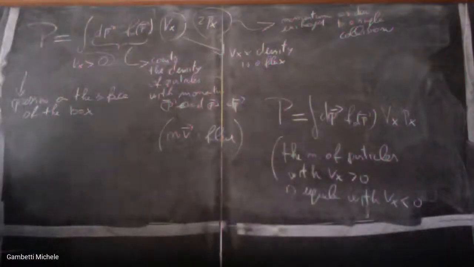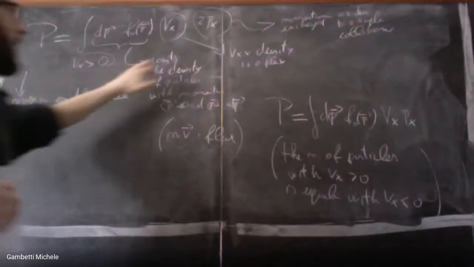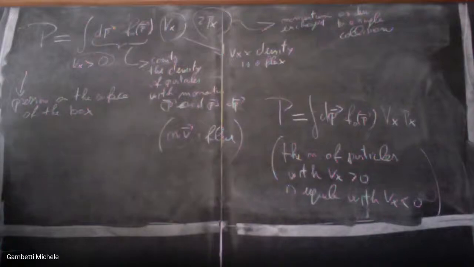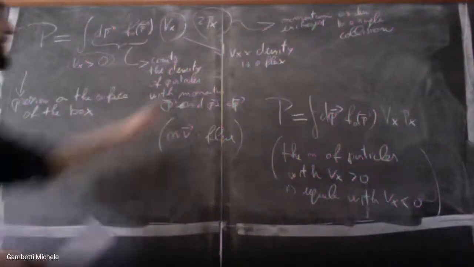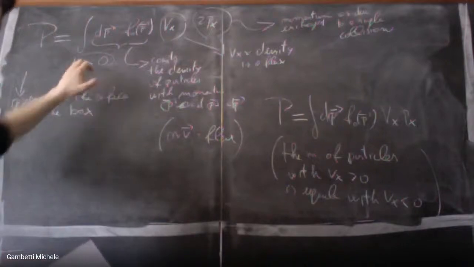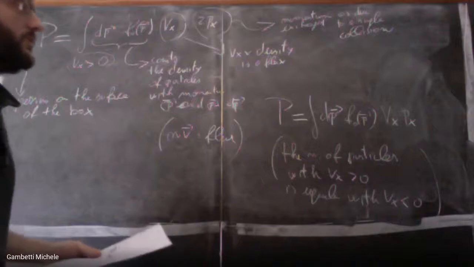Okay, there's no preferred direction. So then I remove this constraint on the velocity, and I remove this factor of 2. Okay, in the sense that when I remove this and I integrate over all the possible directions of the velocity, I imagine that I have the same result. This is very reasonable. Okay.